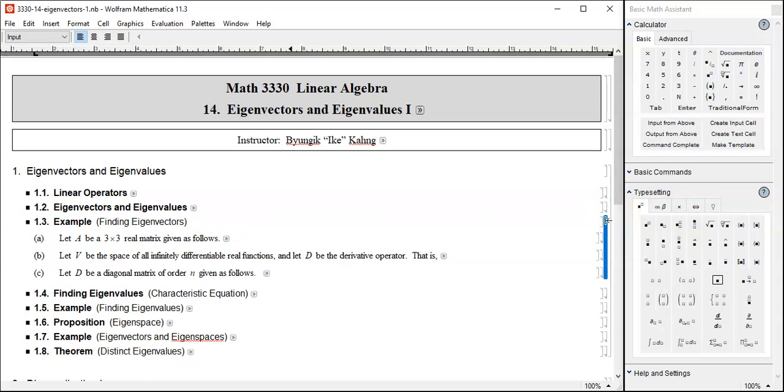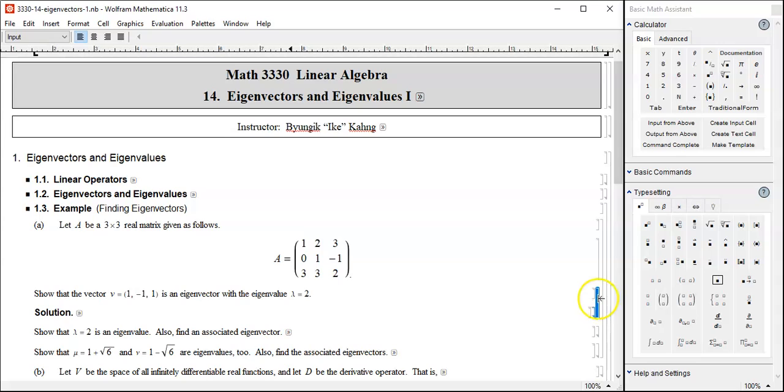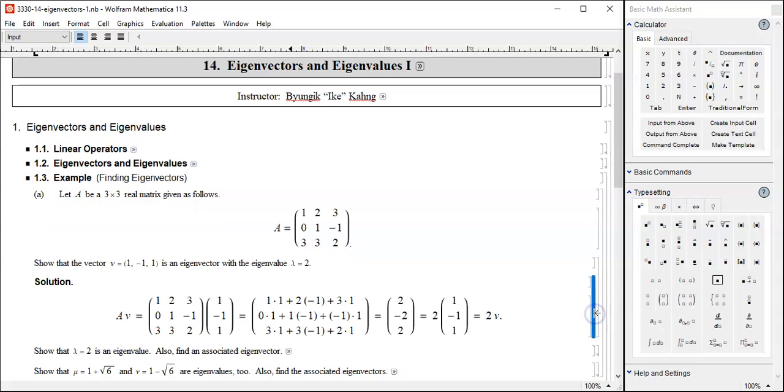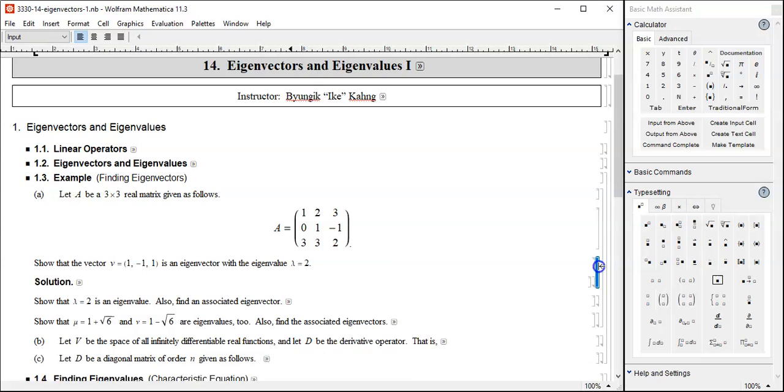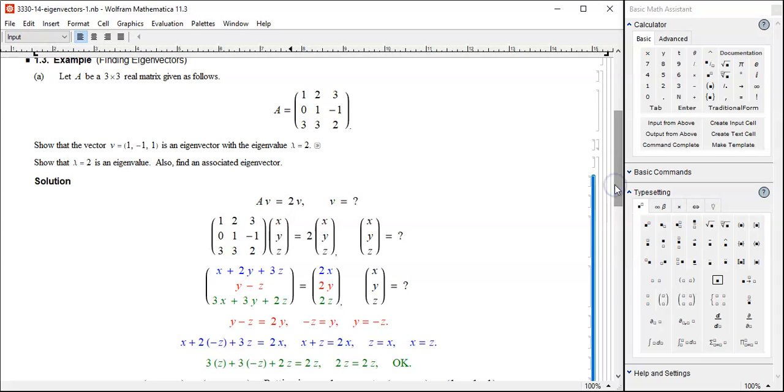How to find an eigenvector? Set up a system of linear equations. When an eigenvalue is given, you can set up a system of linear equations to find the eigenvector.